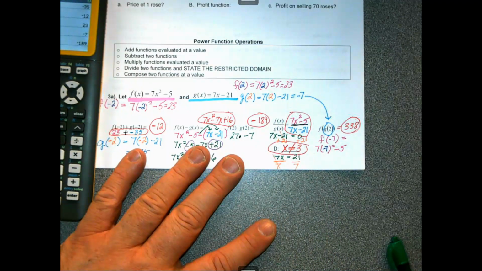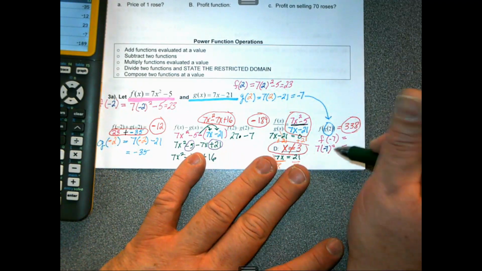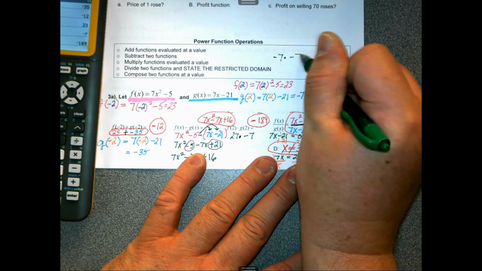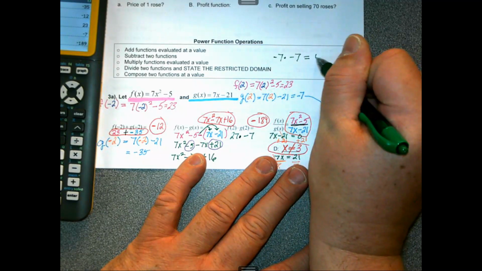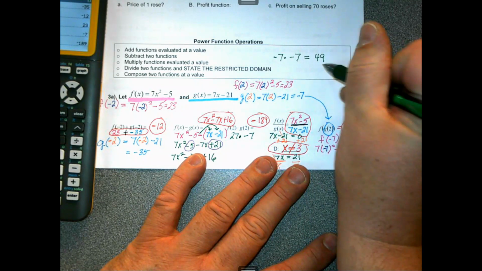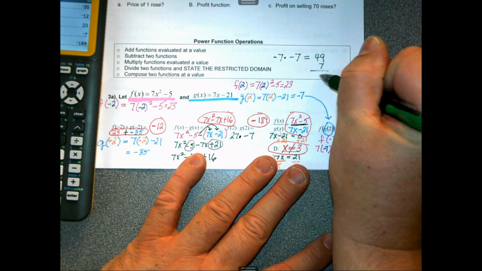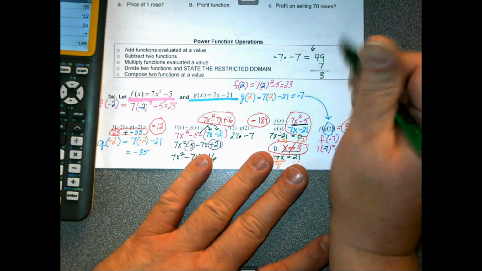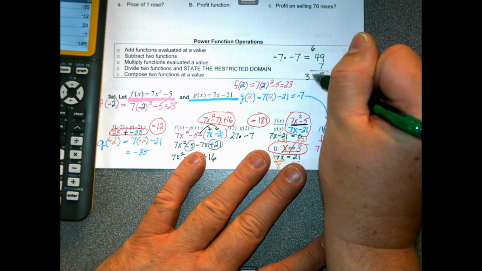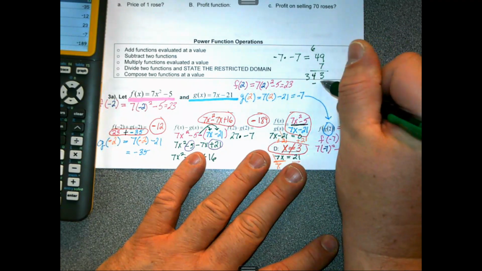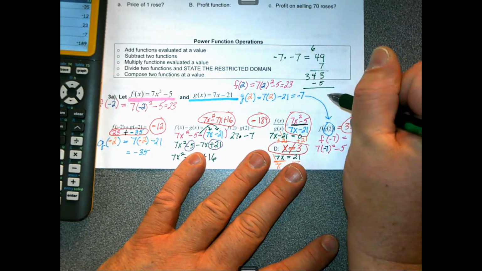But negative 7 squared is 49. Negative 7 times negative 7 is 49. 49 times 7, oh, that's what I forgot to do. 343. Then subtract 5. And we get 338.